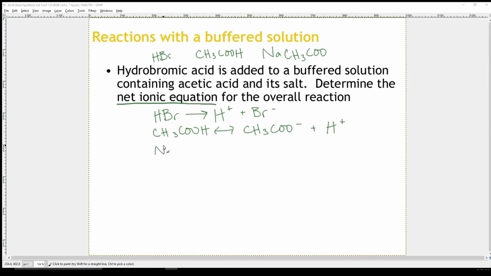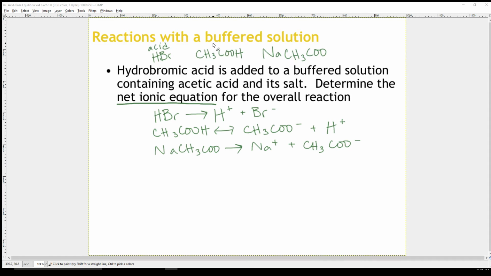And then the salt. We know that salts completely dissociate in water. This is all aqueous, assume that. So we'll end up with Na plus and CH3COO minus. Okay, so here let's think about this. We have hydrobromic acid, that's an acid.